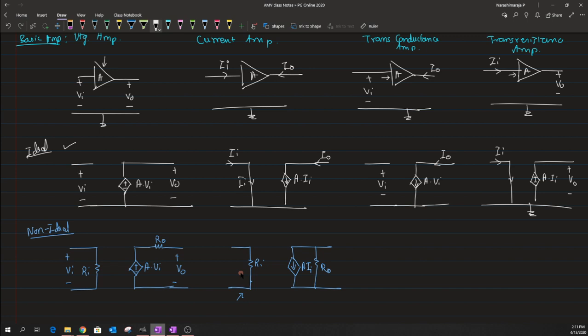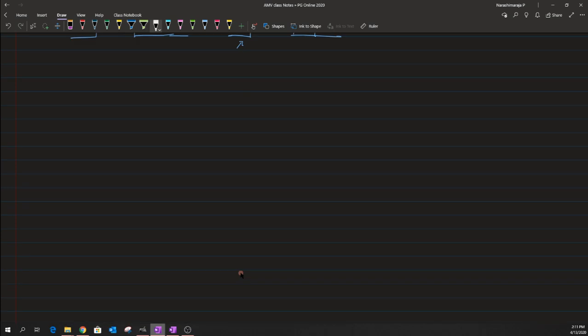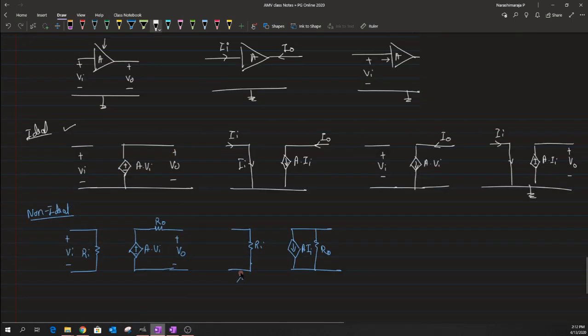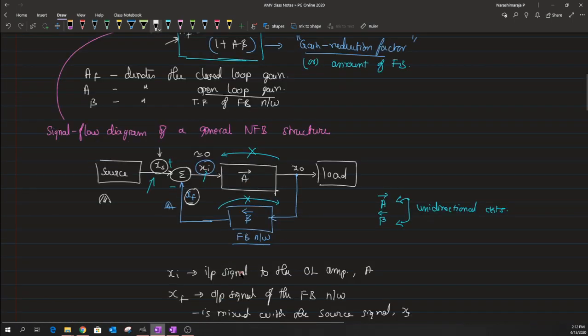Let me begin with the voltage amplifier and see how it impacts, and let us look across a few models that would help us quickly identify the feedback network and what type of sampling and mixing is happening.